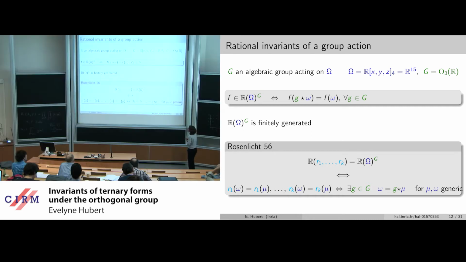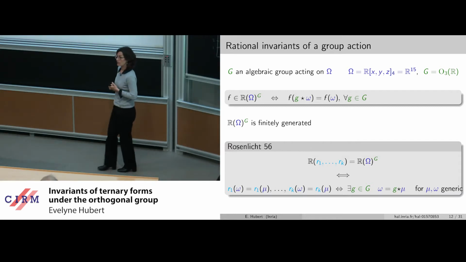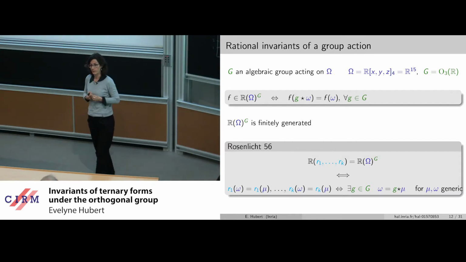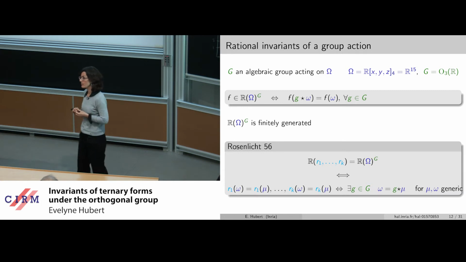Another feature of interest is that you have a generating set of invariants, which is always finite, and it separates orbits. Peter Olver spoke of the equivalence problem.